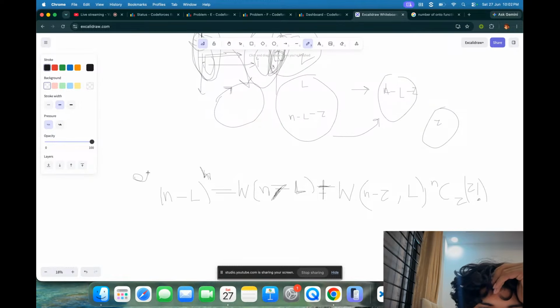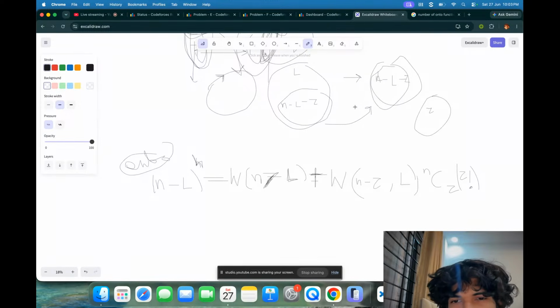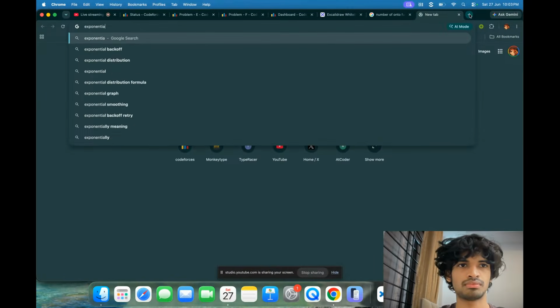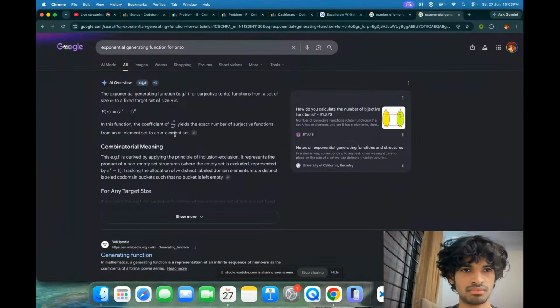onto. All of this should be onto again because on this set, total onto equals to, this is just e power x minus 1 whole power n, it seems.